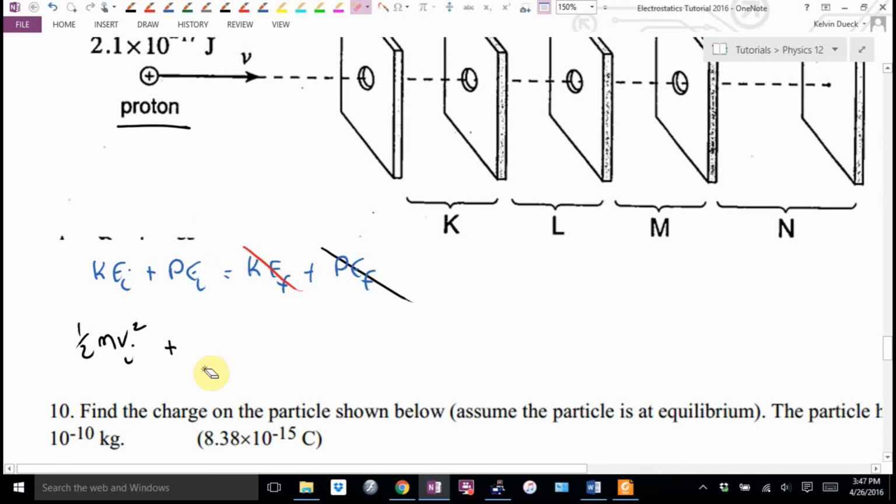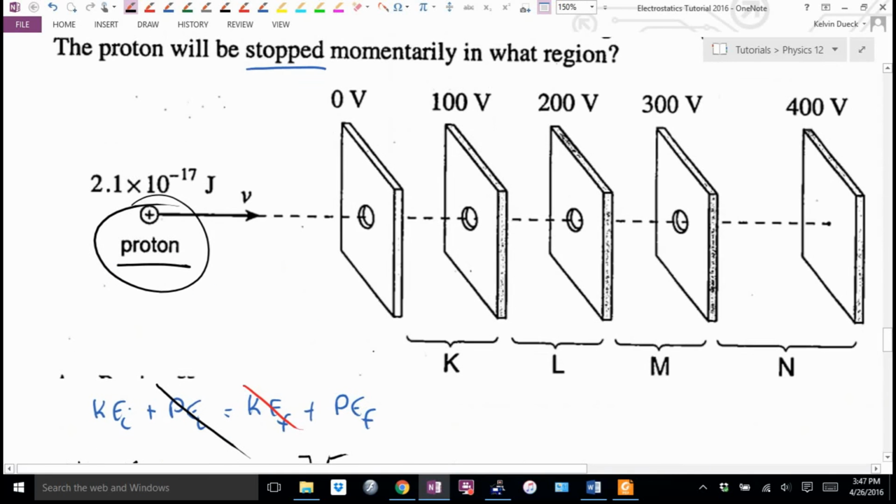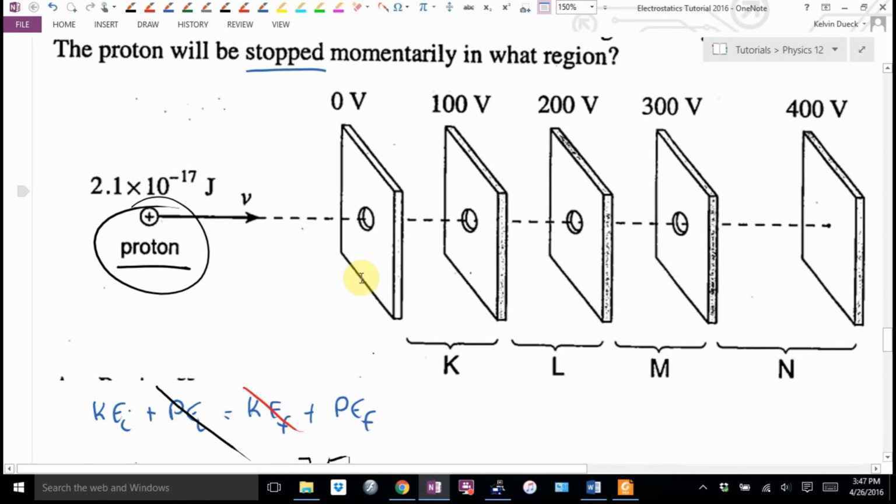You know what? I think actually I want to say right now, this is initial. Is it between the plates right now? Does it have any potential energy right now? It's moving at a constant speed. But as it travels through here, it's going to be going through a change in voltage. And I think what this question asked, it said, it will be momentarily stopped in what region?